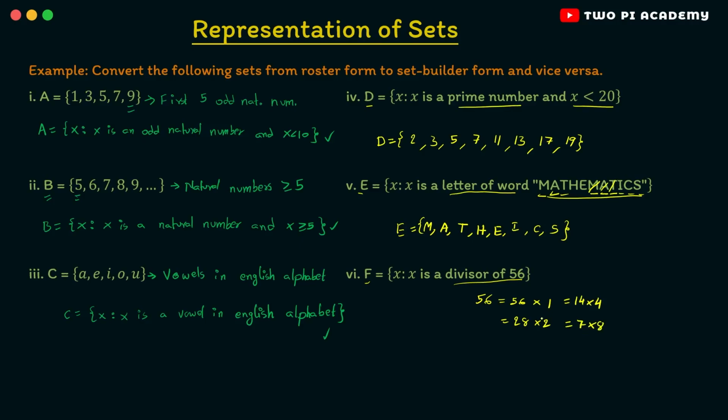So based on this, we have 8 different factors of the number 56. So now we just have to list them out to form a set. We have 1, 2, 4, 7, 8, 14, 28 and 56. So this is the roster form representation of the set capital F.